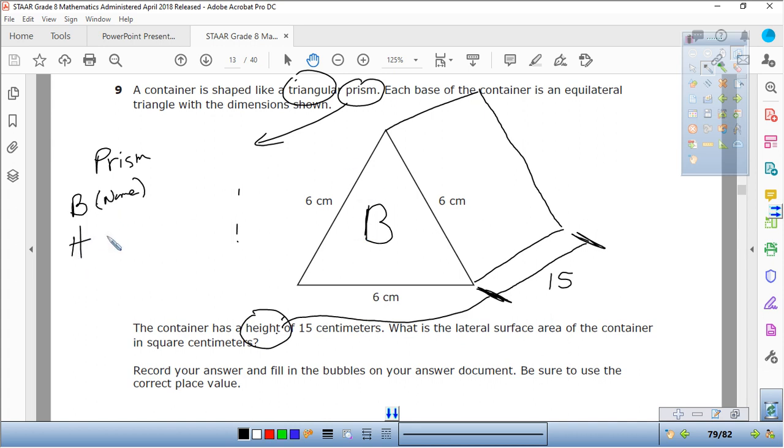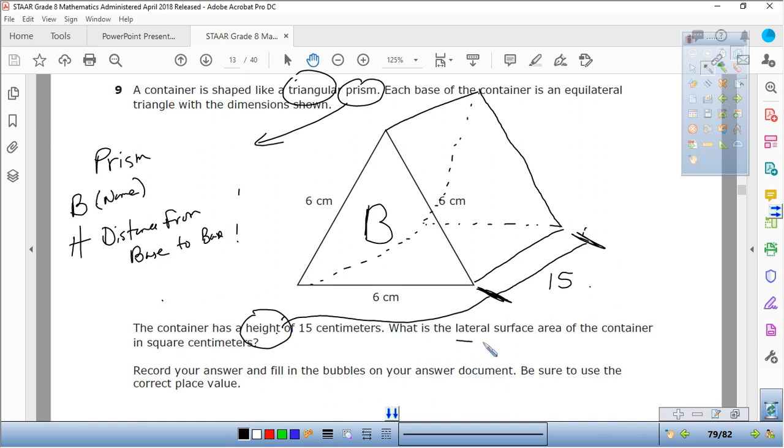Now the height is the distance from base to base. So the distance from this base triangle to the other base in the back, the other triangle back here, you can kind of see it. It goes something like that. This triangle back here is the other base, so that distance is 15. Now you know.